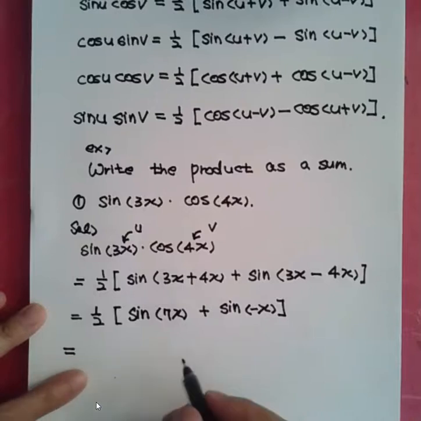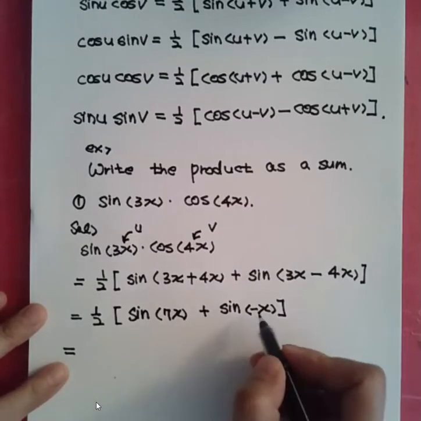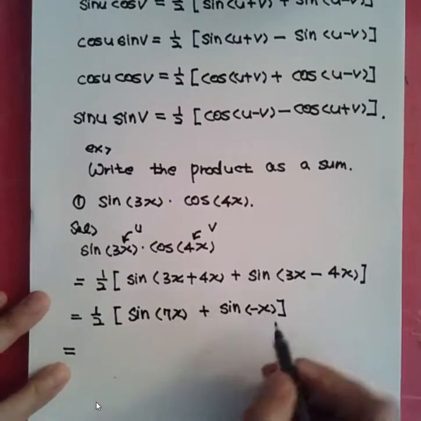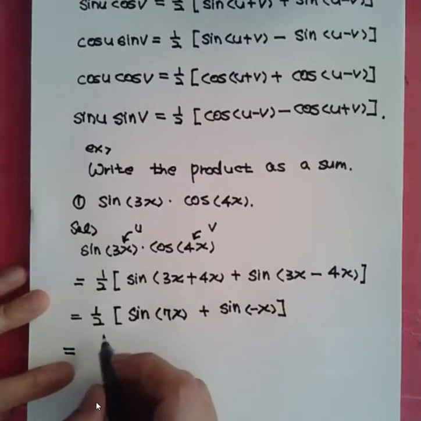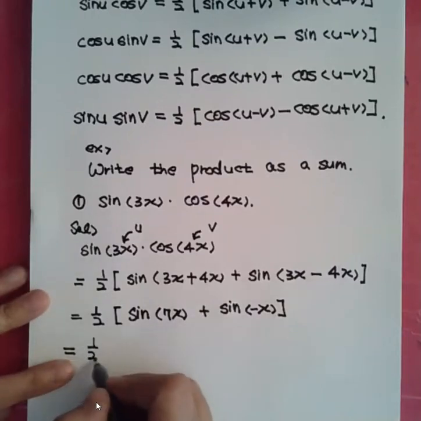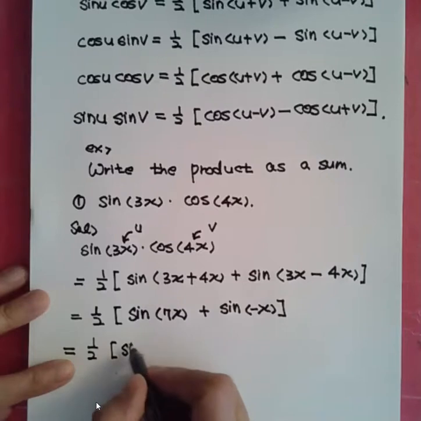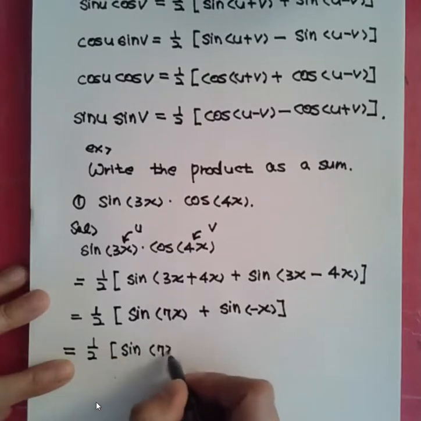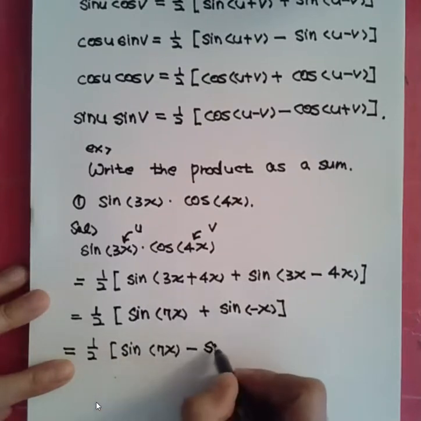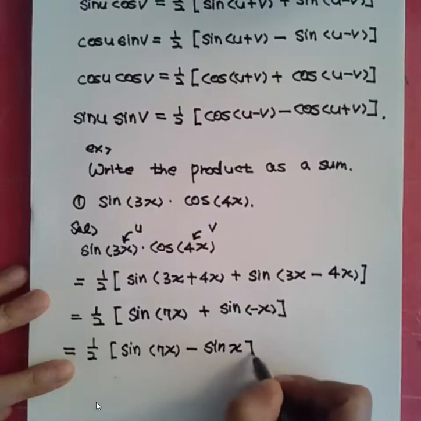Sine is an odd function, so instead of putting minus in front of x, we will just put minus in front of sine. 1 over 2 sine of 7x minus sine of x.